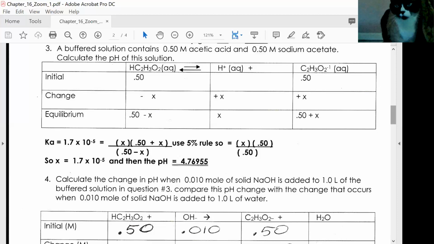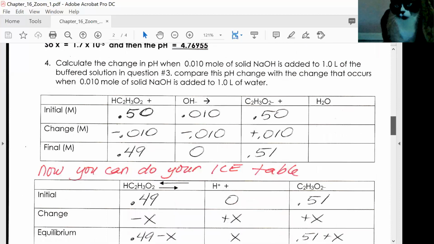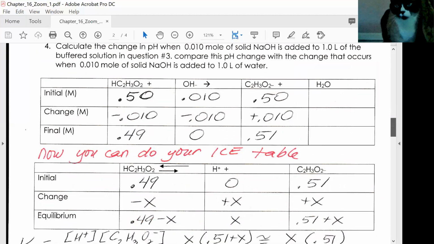Okay, so let's look at another problem. Calculate the change in pH when 0.01 mole of solid sodium hydroxide is added to 1 liter of the buffered solution in question 3.